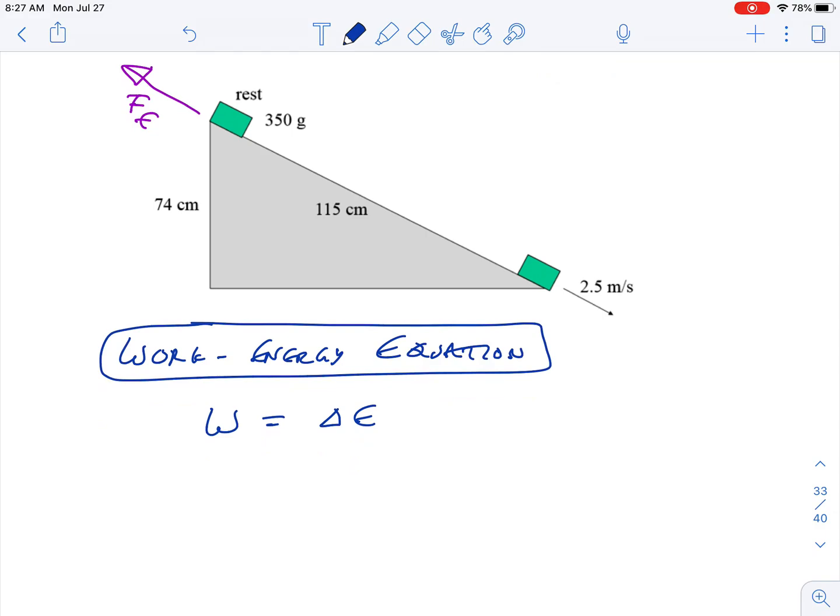But the work would be the work done by the non-conservative force, in this case friction. And the work done by a non-conservative force changes the mechanical energy of a system. So this is what the work energy equation is actually saying. But delta EM becomes EM final minus EM initial.